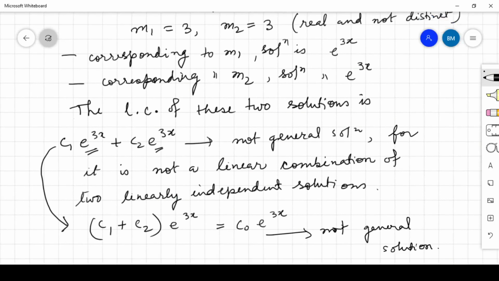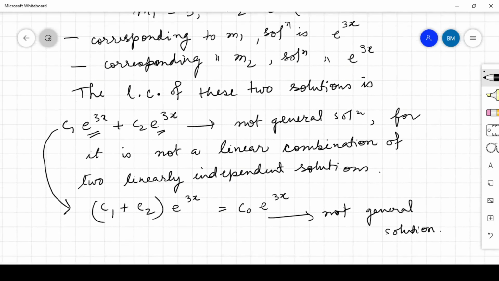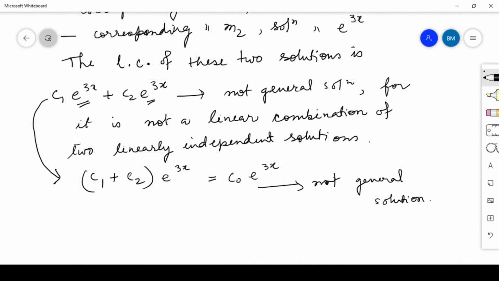So we are now getting only one solution of equation 4.25. We already have learned a method of finding another solution when one solution of a given homogeneous linear differential equation is known.